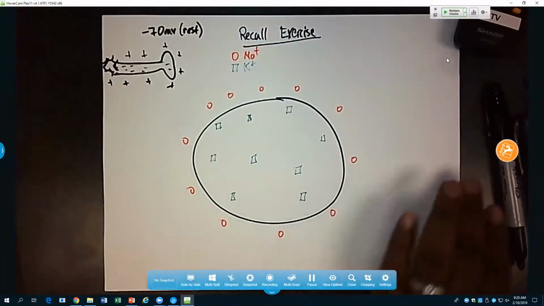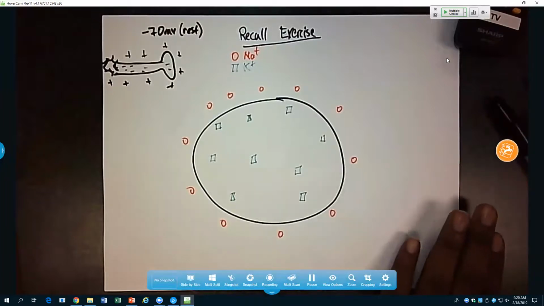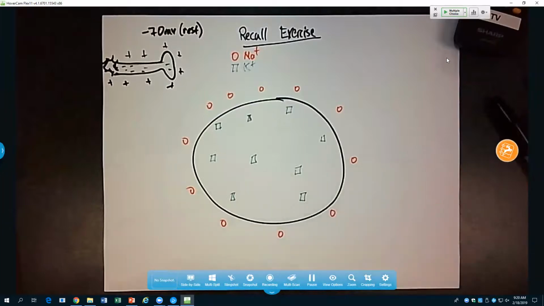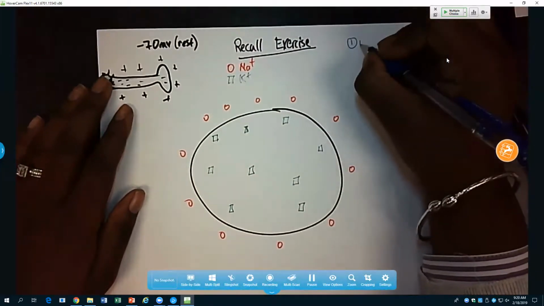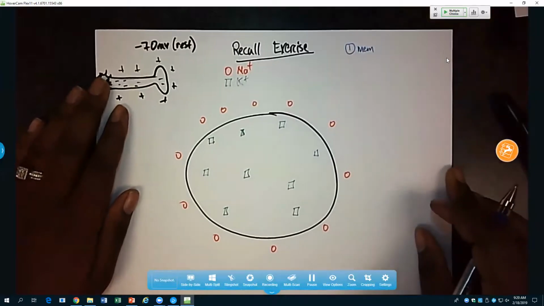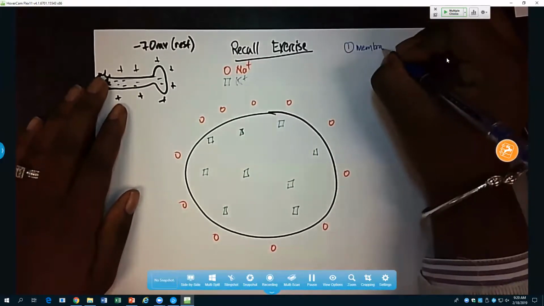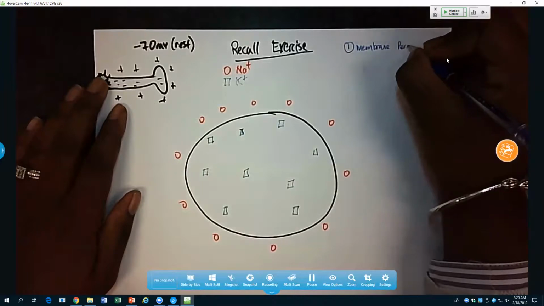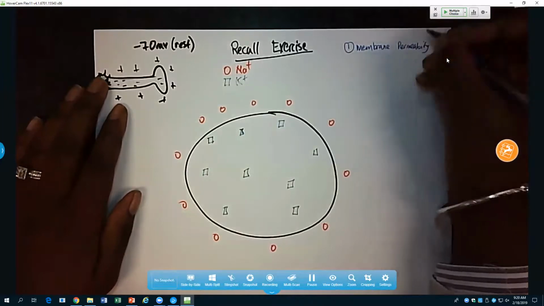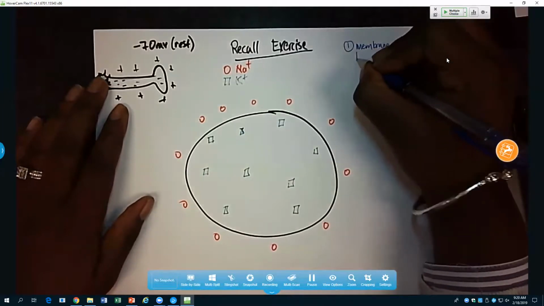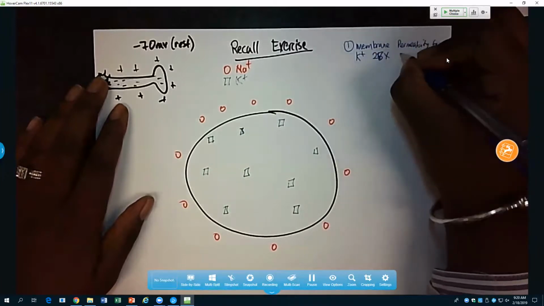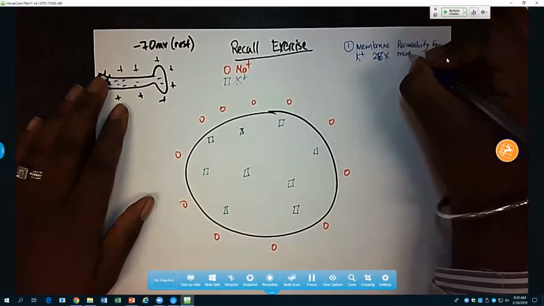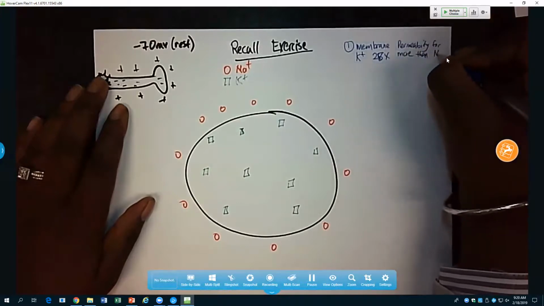Okay. The first thing we said, just to sort of make some notes here, was that the membrane permeability to potassium, can you see this? Yes. The membrane permeability for potassium was 25 times more than sodium.